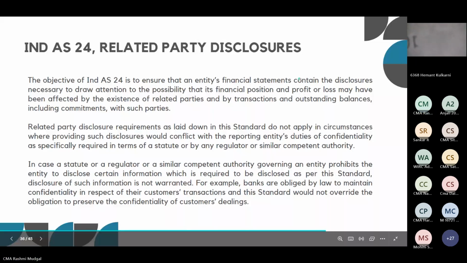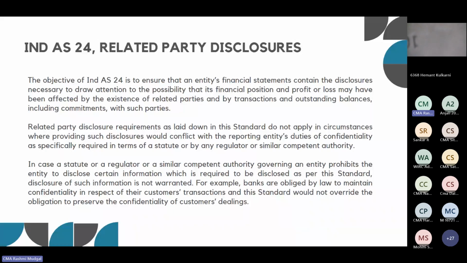Okay. So the related party disclosure requirements laid down in the standard do not apply to circumstances where providing such disclosure would conflict with the reporting entity's duty of confidentiality as specifically required by the terms of a statute or by any regulator or similar competent authority.